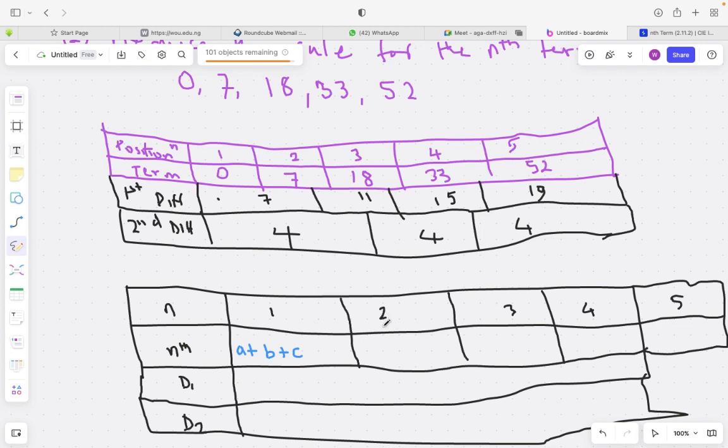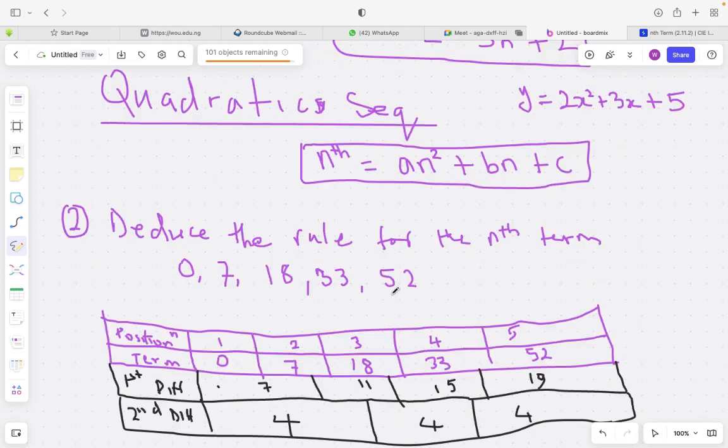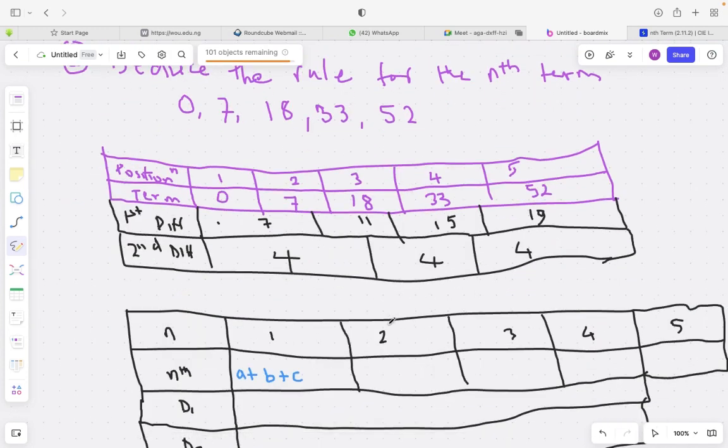Here we have n is 2. Remember the formula? So 2 squared is 4. 4 times a is 4a. Then 2 times b is 2b, plus c. So here you have 4a.